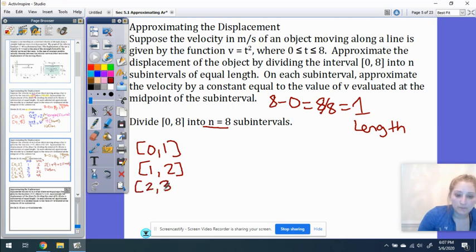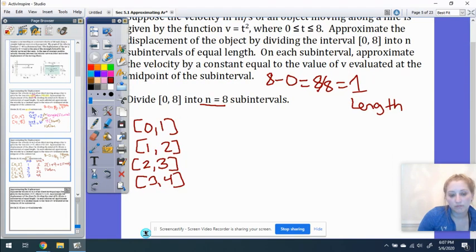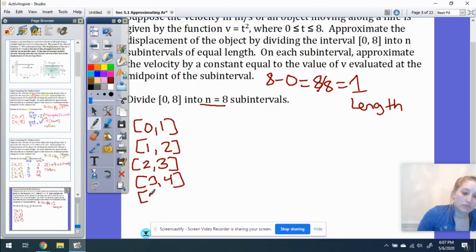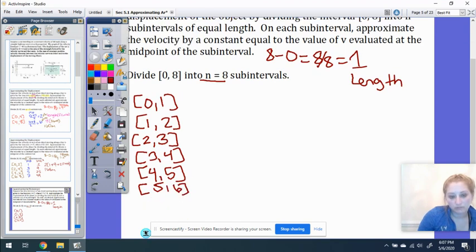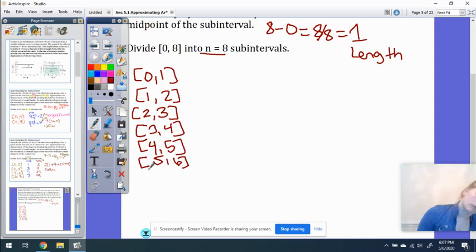2 to 3, 3 to 4, 4 to 5, 5 to 6, 6 to 7, 7 to 8.